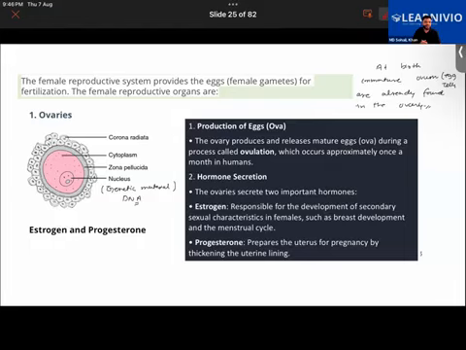Primary sexual characteristics basically refers to the development of the reproductive organs, by which the genders can be distinguished. Okay.